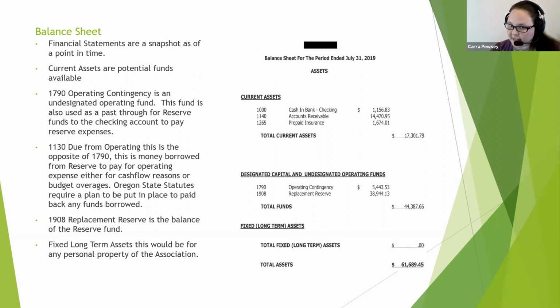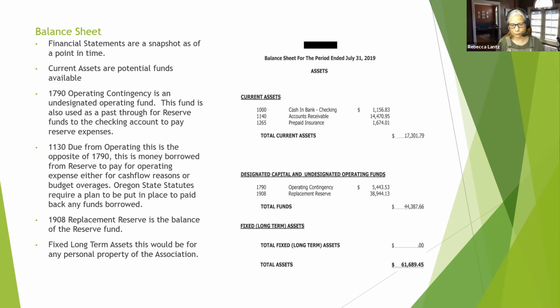Next are designated and undesignated operating funds. This is where we account for operating funds that don't have a specific purpose, and then reserve funds, and then your reserve account. This particular association has what we call a 1790 or operating contingency.